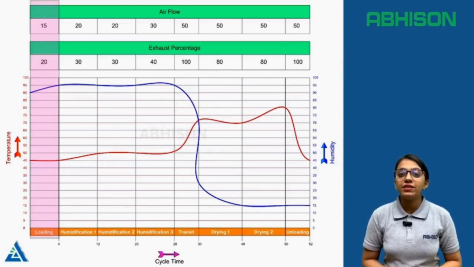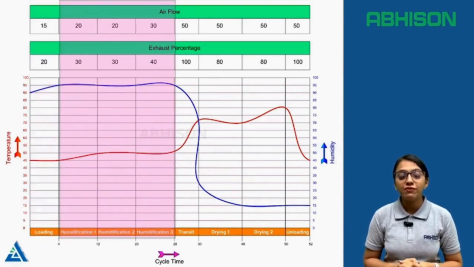During the loading phase, temperature and humidity are at baseline levels. Airflow and exhaust are relatively low to maintain the initial conditions. As we move on to humidification, there is a rise in the temperature and humidity. Airflow and exhaust are adjusted to ensure adequate oxygen supply without excessive loss of humidity.